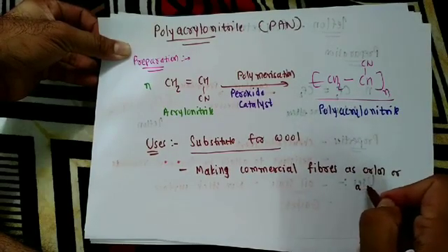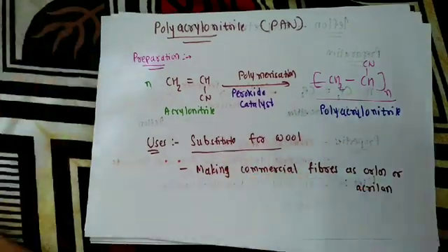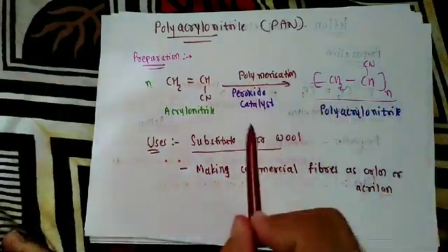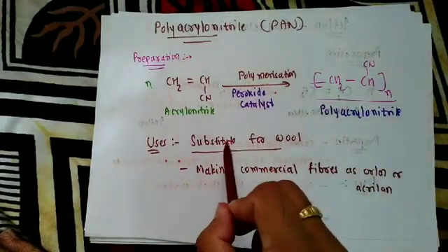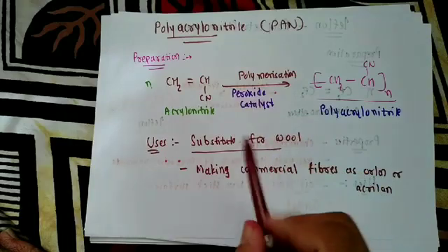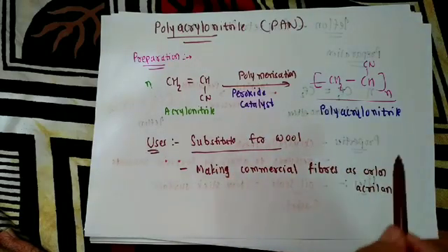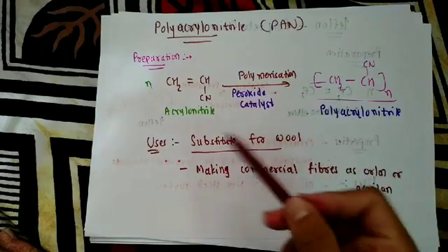These are the commercial names. The main use of polyacrylonitrile is that it is a substitute for wool. Instead of wool, it can be used. Especially, they are used for making commercial fibers as Orlon or Acrylan.